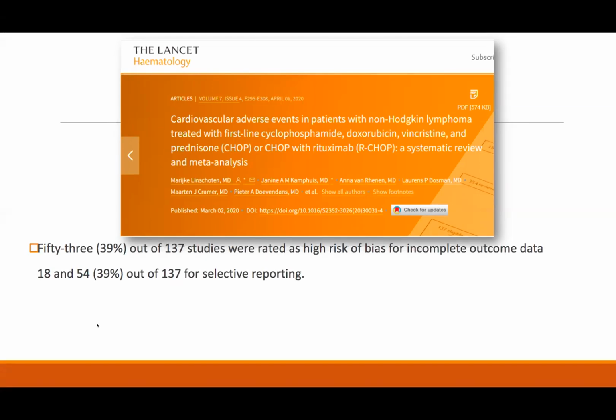We are looking at almost 40% of these 137 studies, which showed high risk of bias for incomplete outcome. And in addition, there was selective reporting in another 39% of these studies. Only 28.